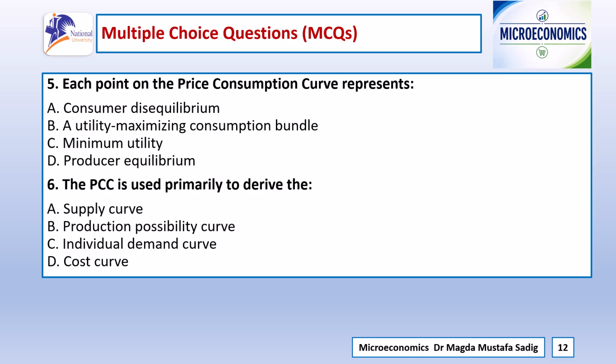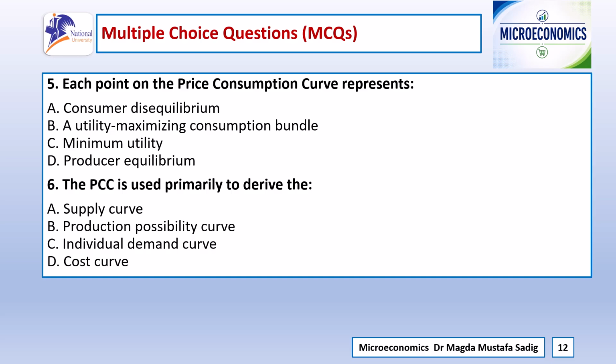Before we finish, let me review the key ideas. The price consumption curve shows how consumer equilibrium changes as the price of one commodity changes. During this analysis, income, preferences and the price of other goods remain constant, and each equilibrium point represents a consumer's best possible choice.